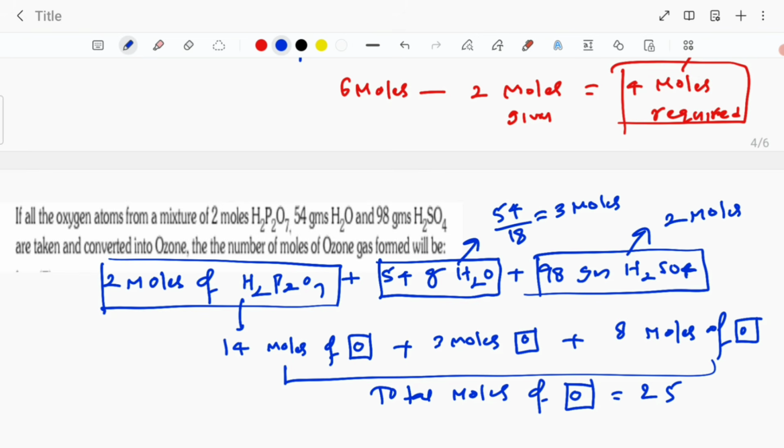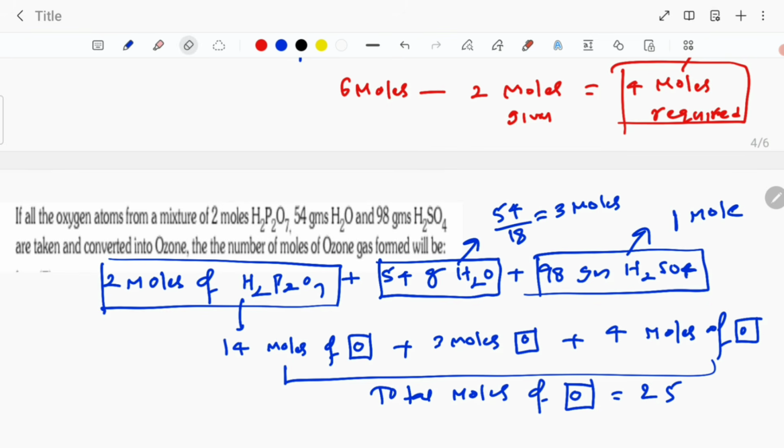If all oxygen atoms from a mixture of 2 moles of H2P2O7 and 54 grams of H2O, we know that is 3 moles, so 3 oxygen atoms, and 98 grams of H2SO4. Oh, sorry, 98 grams, it is 1 mole only, right? 98 is the molecular weight of H2SO4, so 1 mole. So here what we can write? Here only 4 moles.